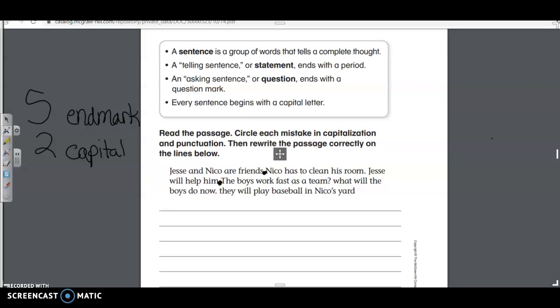Should it have a period? What does it start with to let you know? What word does it start with to let you know? Is that a question word? Yes. Okay.